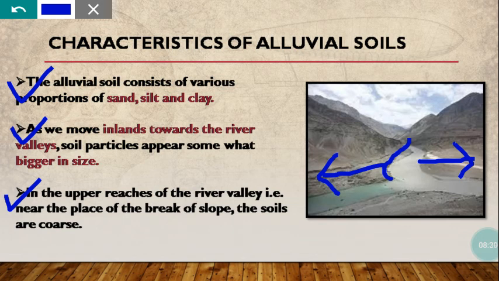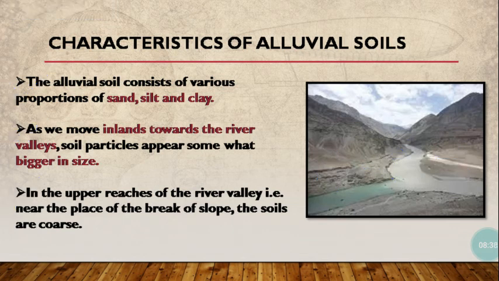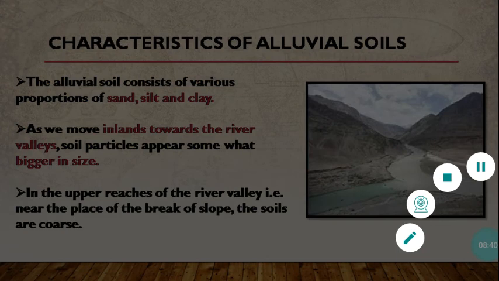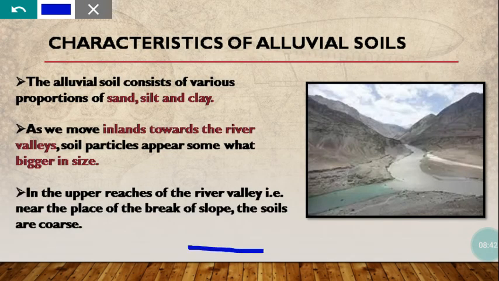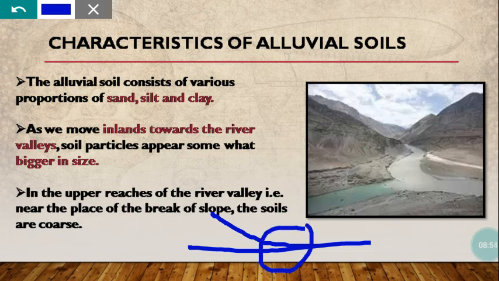In the next characteristic, we can see that in the upper reaches of the river valley, that is near the place of break of slope, the soil is coarse. What is the meaning of break of slope? Just see my drawing here. Suppose this is one land and this is a highland. So when a highland comes near to the flat land, in this area there is a change of the slope.